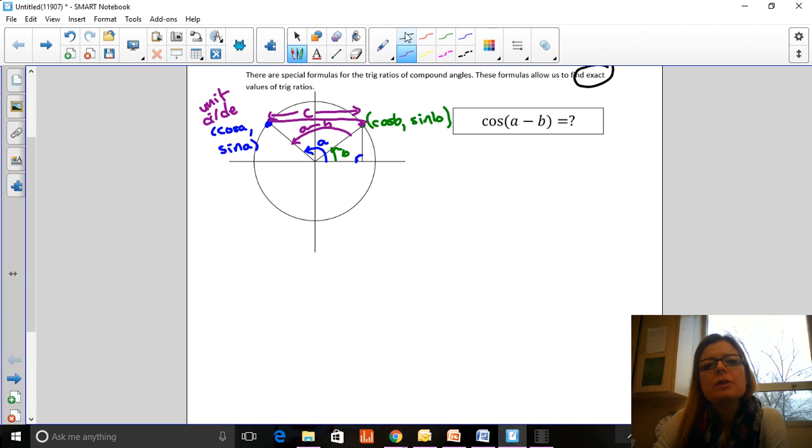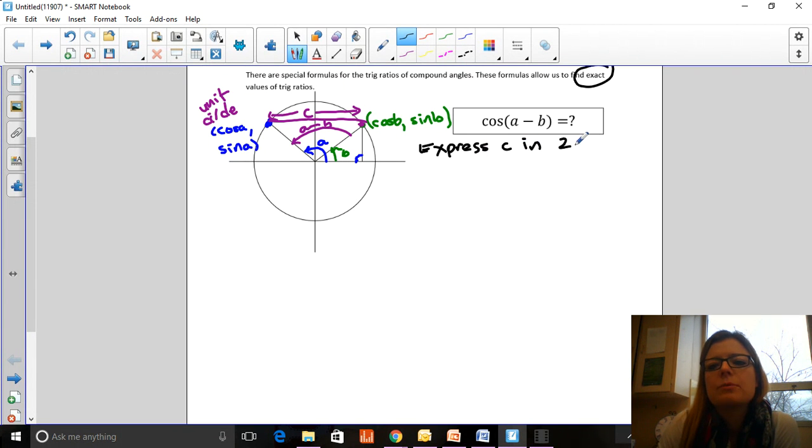So what we're going to do for this proof is express C in two ways. We're going to have two different ways of expressing the length of C, from this point to this point, and then we can set them equal to each other and come up with a result.